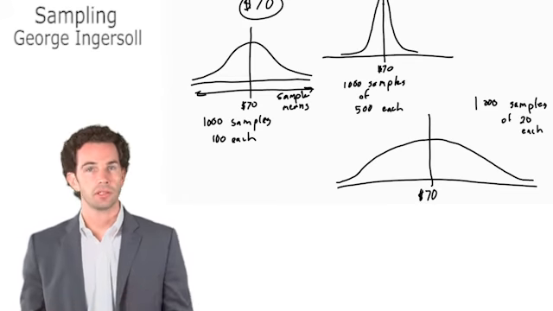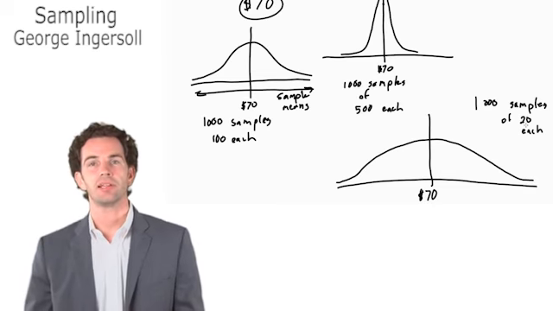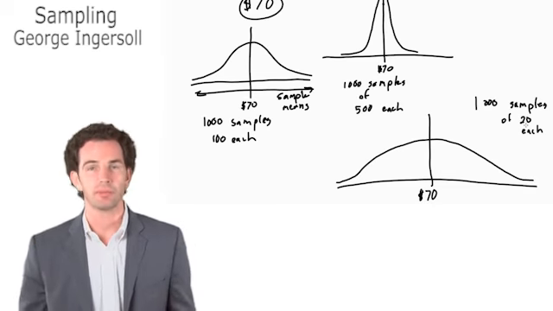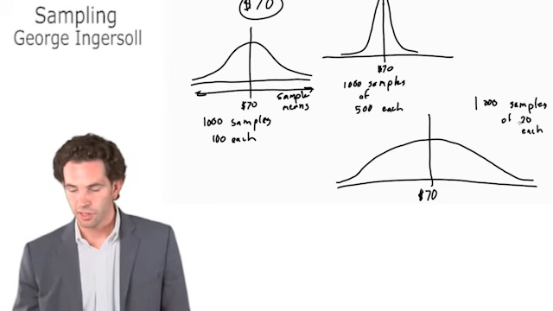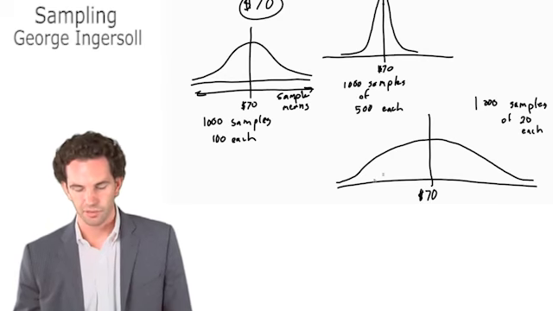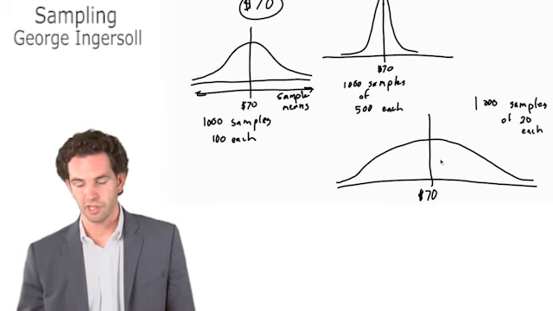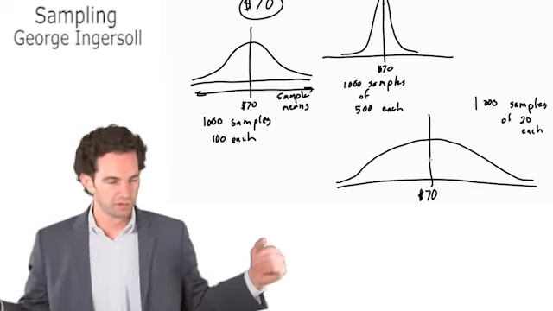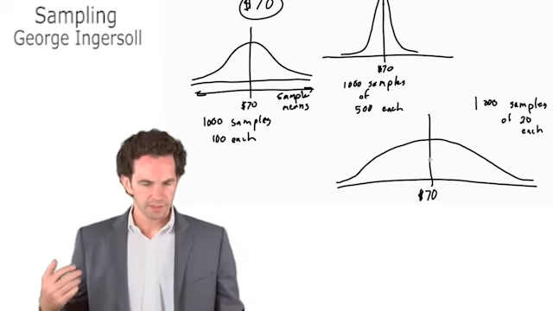Still normal, but a lot more outliers, because with a sample of 20, we might get pretty far away from 70, the actual average of the population. So we might see samples that have a mean pretty far away from 70 in either direction. There's still going to be more clustered around 70, but a much wider distribution.